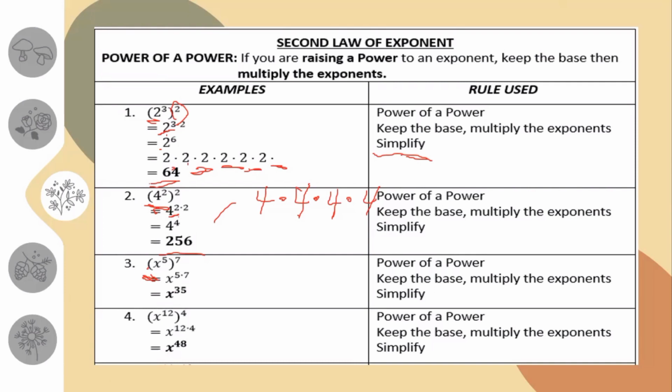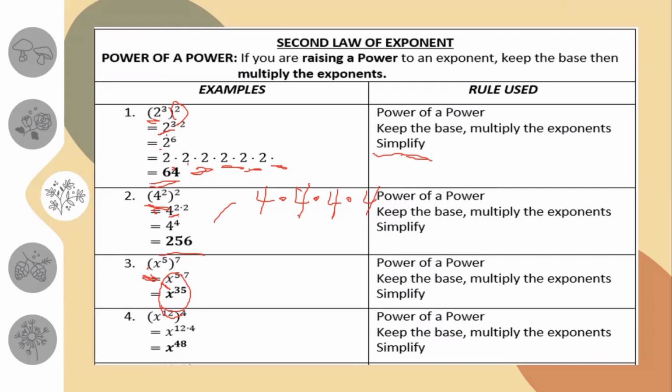So what will you do? You just need to bring down, or you have to keep the base, which is equal to x, and then you multiply the exponents inside the parentheses and outside the parentheses. That is 5 and 7. Then you will get the product that will give us now a final answer of x raised to 35. So ito na po yung magiging sagot, x raised to 35.